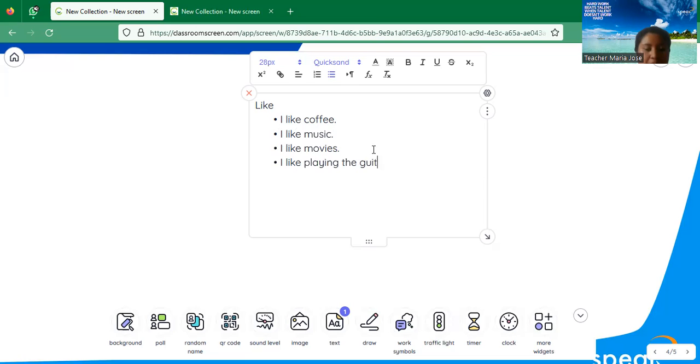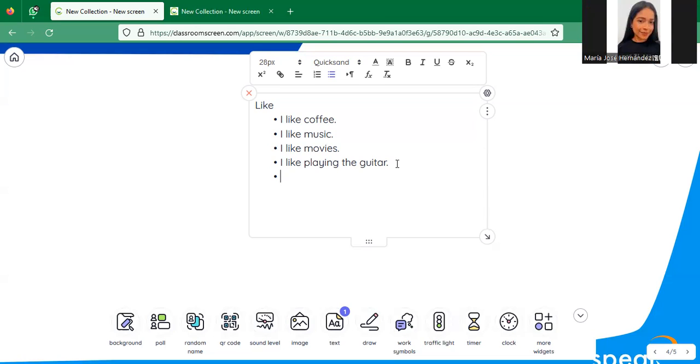The guitar, because when we talk about musical instruments, we always use the piano, the guitar, the drums. And you can use playing or to play. You can use both, to play the guitar or playing. Both are okay. Oh, okay. Thank you. All right, and Maria Jose?